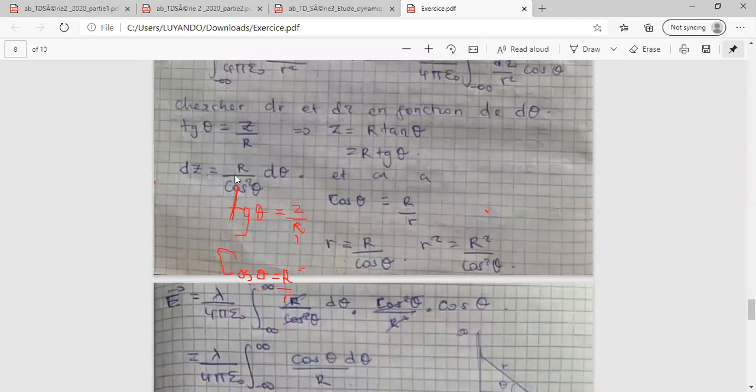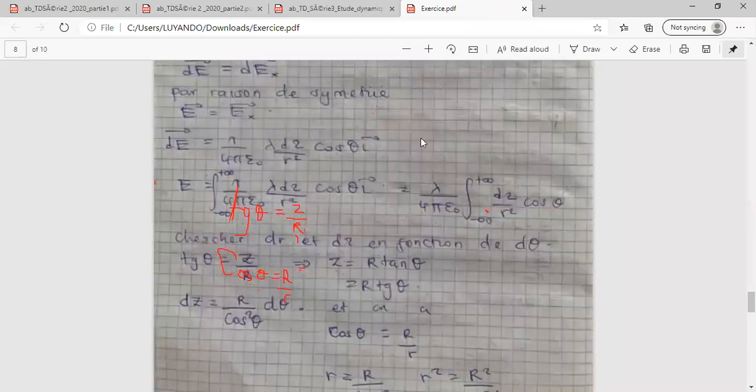So our dz was R over cos squared theta d theta times R over our r squared. Then your cos squared theta will come on top and your r squared down, then times your cos theta, which you have here. This cos theta is from here.